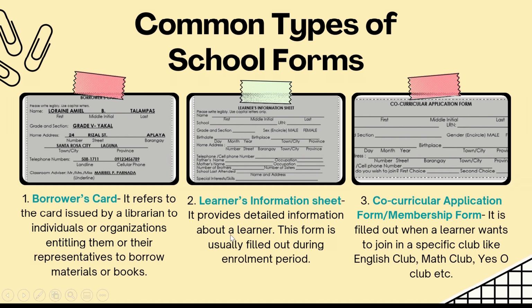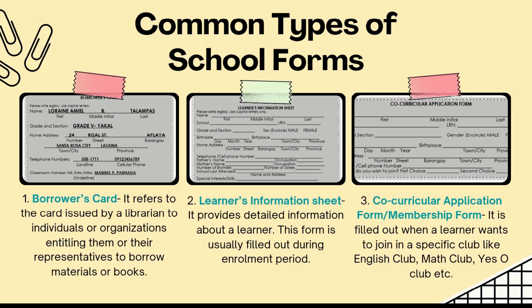It asks for your personal information such as name, school, grade and section, sex, birth date and birthplace, home address, contact number, father's name and mother's name, their occupation, school, number of sisters and brothers, the school last attended, school's address, and their special interests or skill.